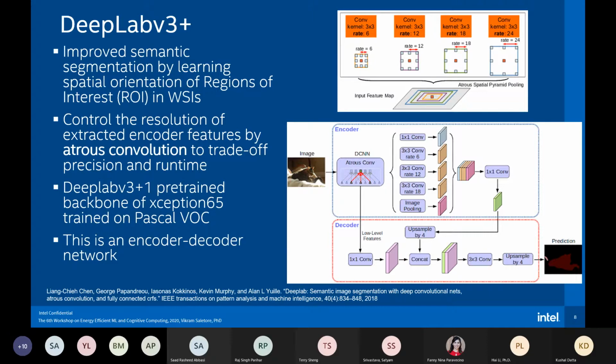The DeepLab V3 we use has been pre-trained on Xception 65 on Pascal VOC. As you can see, it's an encoder-decoder network. I'm not going to go into the details, but a binary mask is provided, which says tumor or not a tumor, and that helps get to the loss and do the segmentation at pixel level.